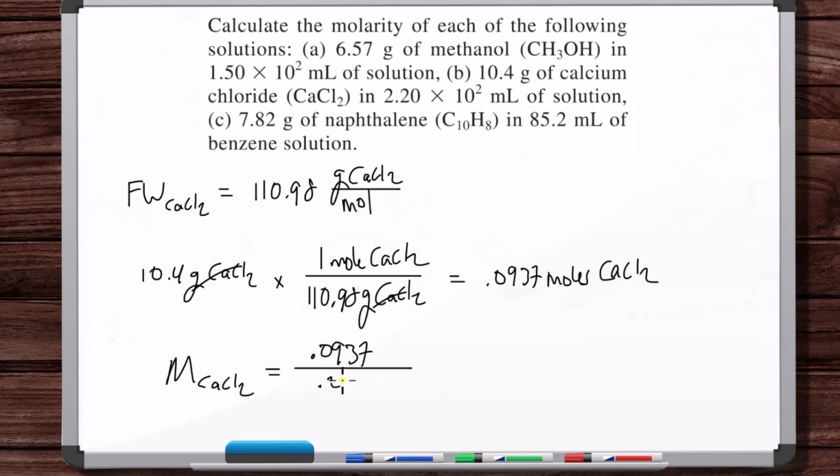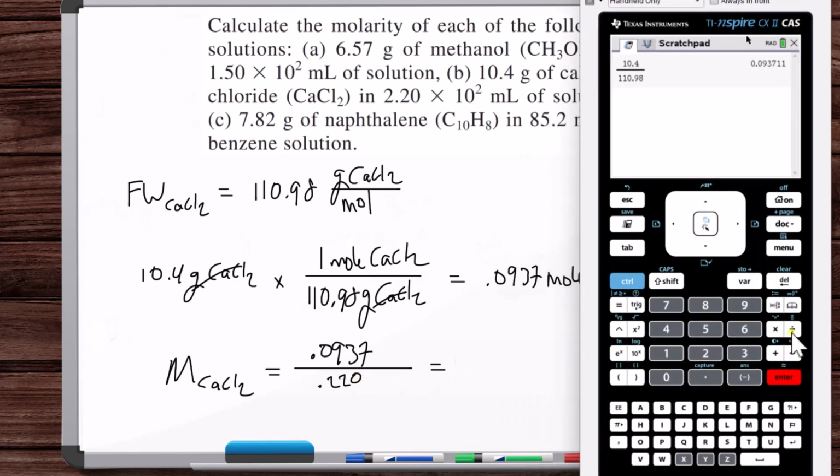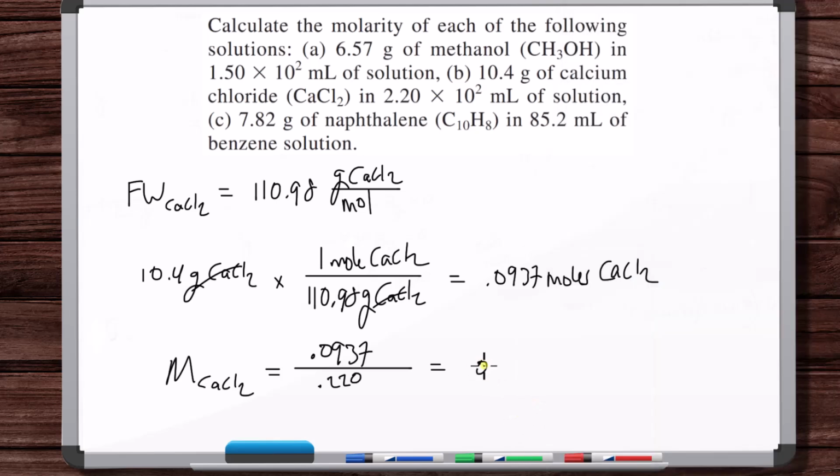That's 0.220 liters. So this divided by 0.220, 0.426 molarity. Molarity of what? Calcium chloride, as the concentration of calcium chloride.